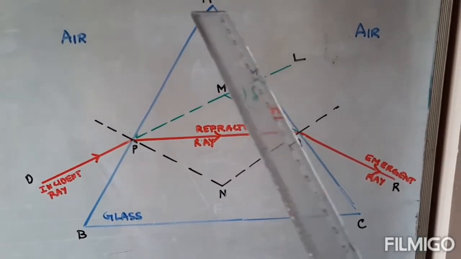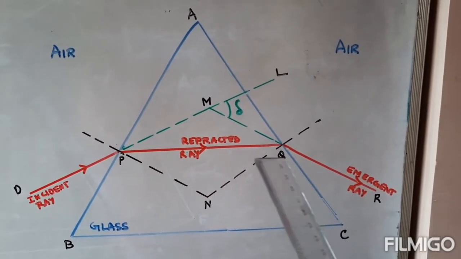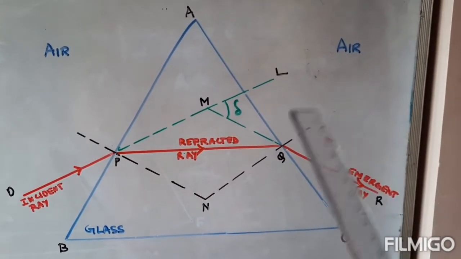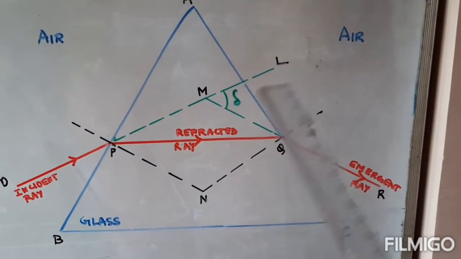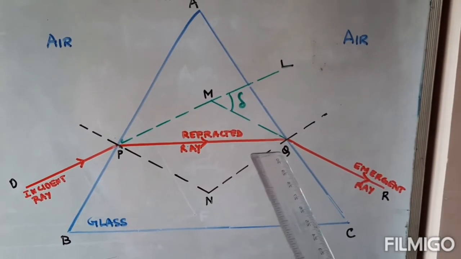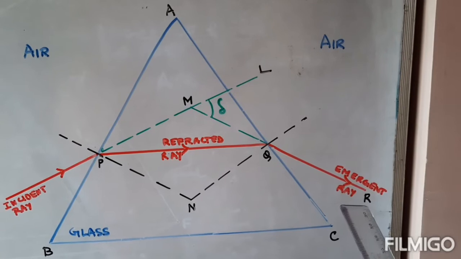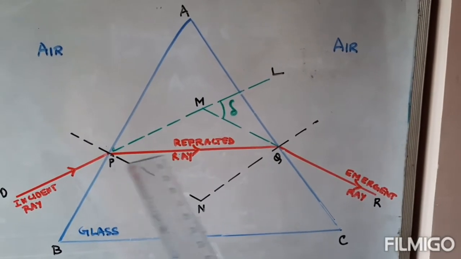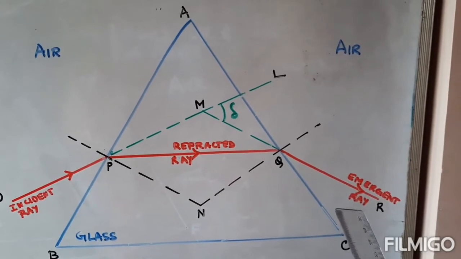Then again it hits the refracting surface AC, gets refracted as it is going from glass to air, and the emergent ray QR comes out. So, the whole path is shown by this red line with the arrows.